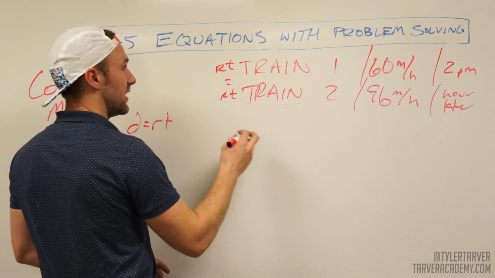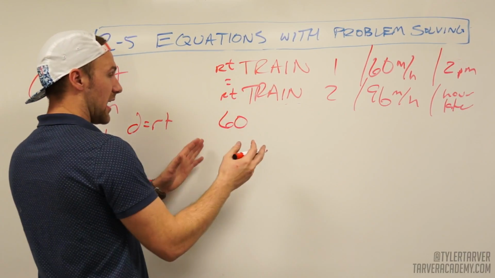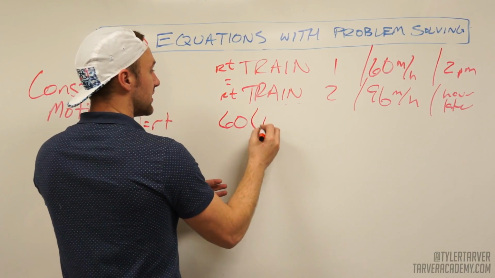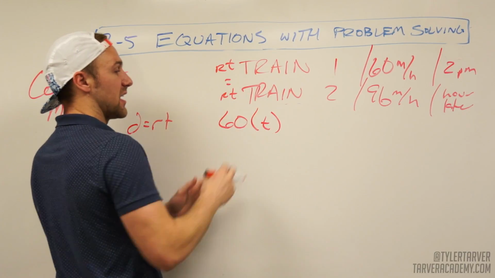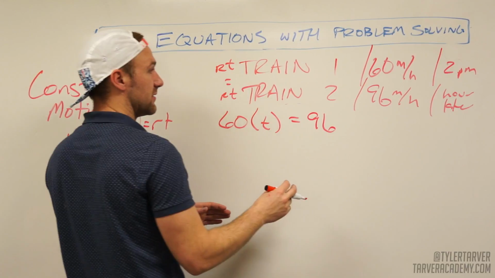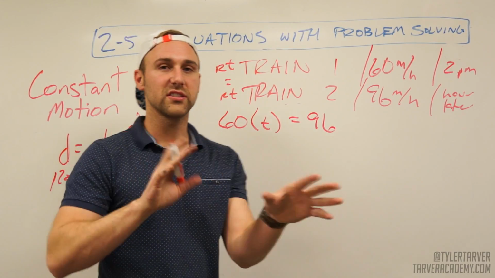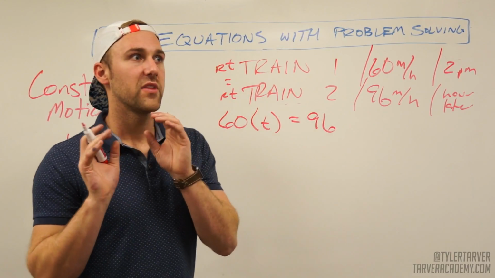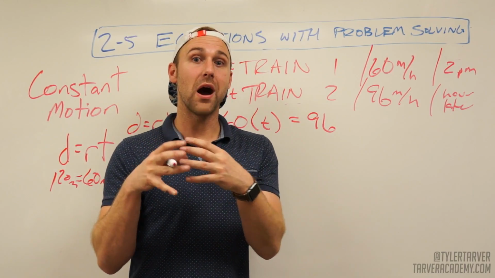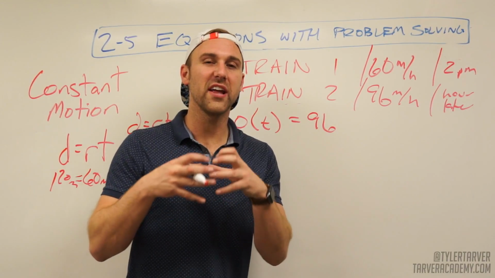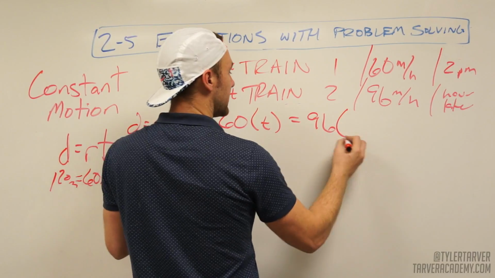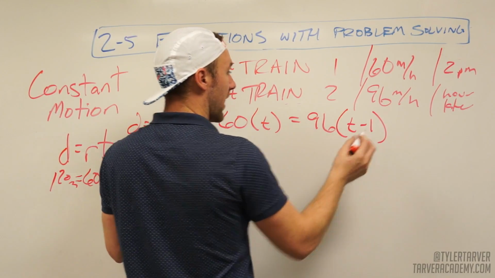Train 1's rate is 60 miles per hour, and let's say it leaves at time t. So 60 times t equals the rate of train 2, which is 96, and it's leaving an hour later. This is the tricky part. If it's leaving an hour later, it has 1 less hour than the other one, so it'll be t minus 1 hour.